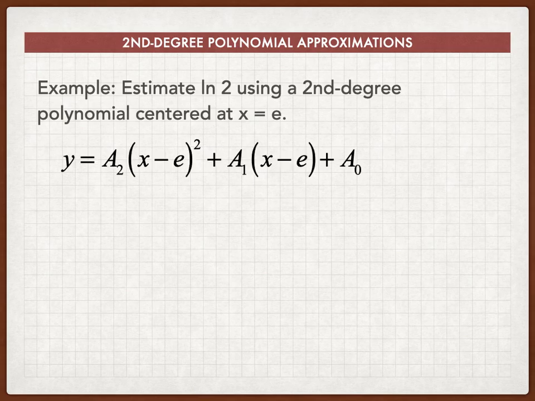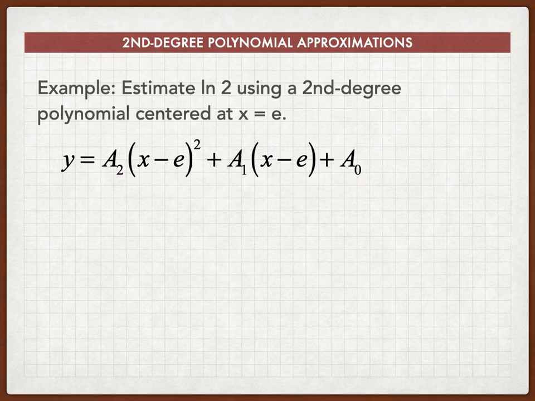A second degree polynomial has a square term, a linear term, and a constant. It's all about how close we are to the reference point, e. We can center the mathematical description at e by expressing the polynomial in terms of the quantity x minus e.